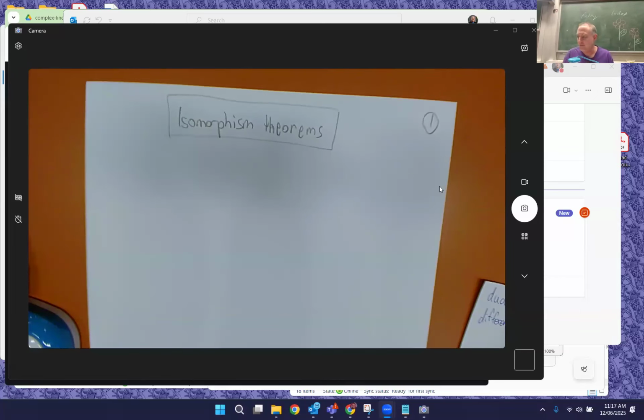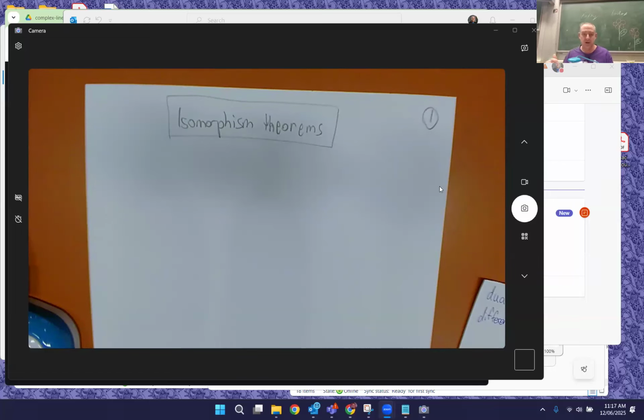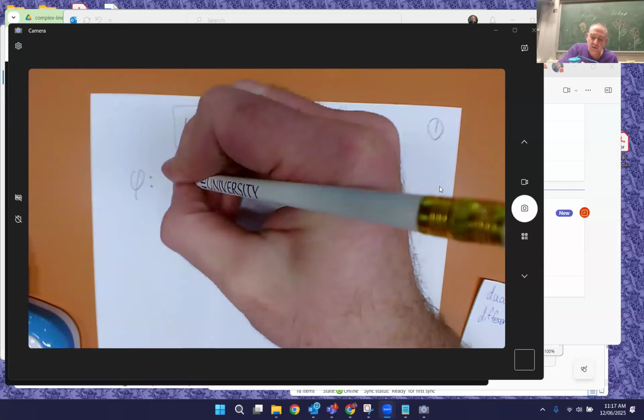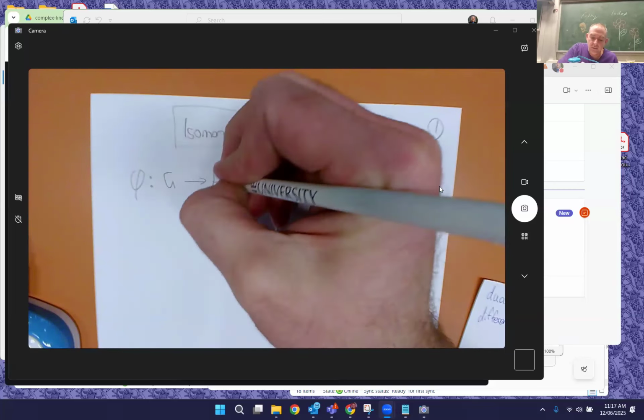Isomorphism theorems are about the behavior of quotient groups and homomorphisms between groups. And so it seems reasonable that I should write down what those things mean before I start that. So phi, which sends one group to another group.